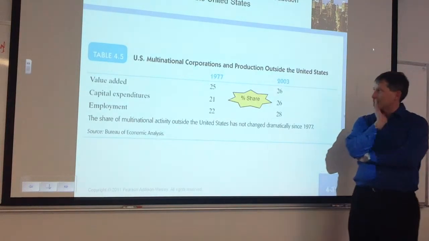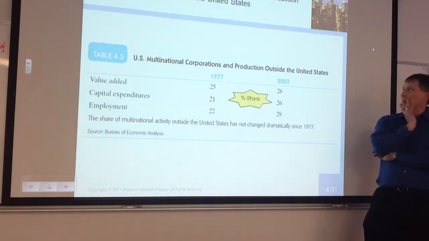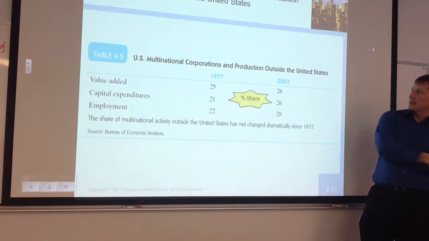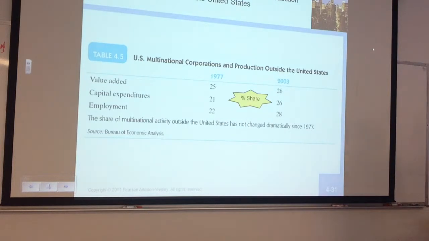Another interesting data point. Globalization is huge and growing, but this data says something a little bit different. The share of multinational activity outside the United States has not changed dramatically since 1977. So what does this mean here?